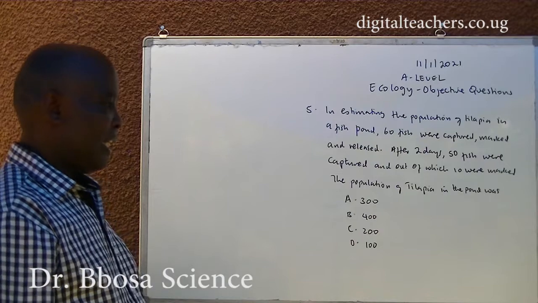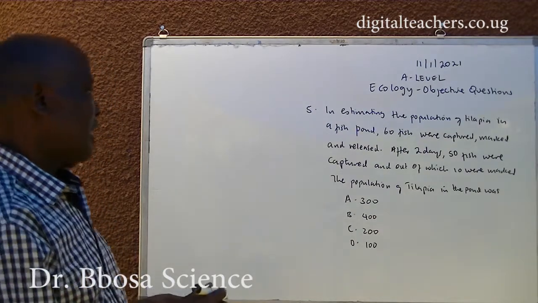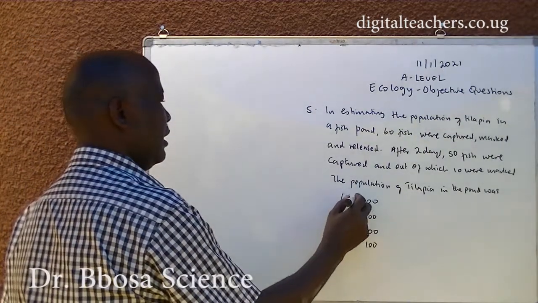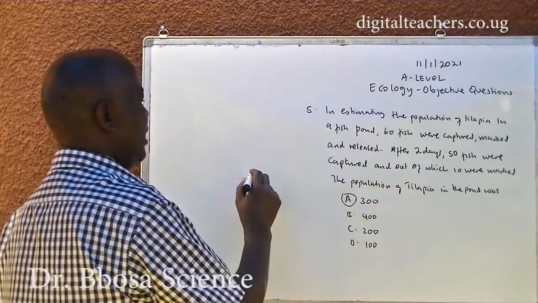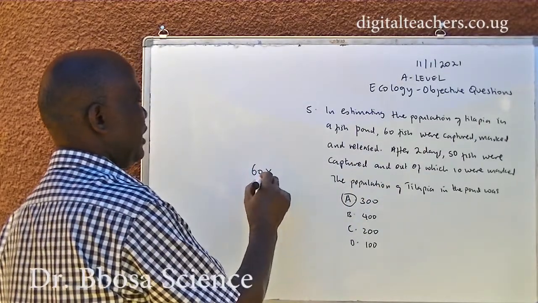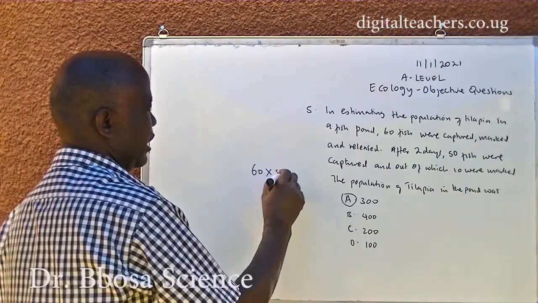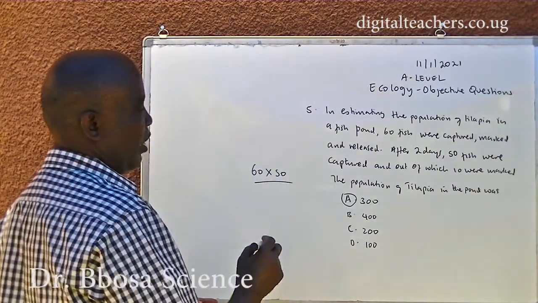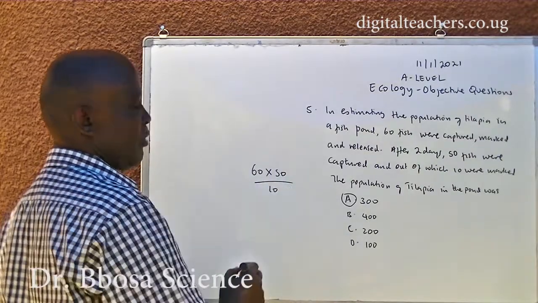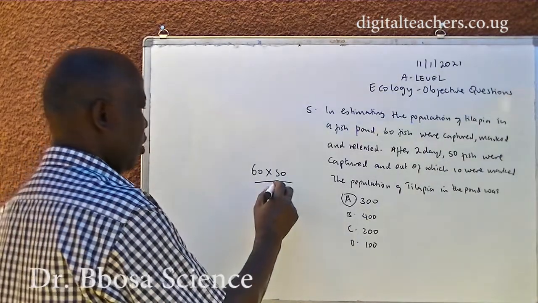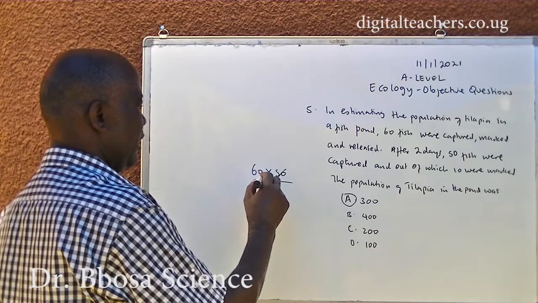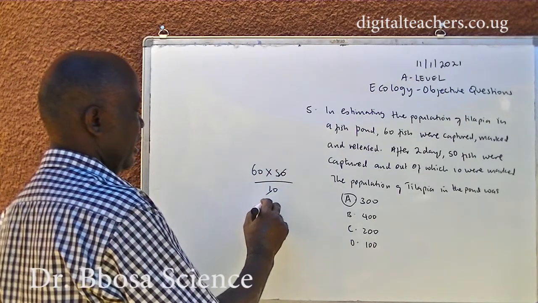You can pause and answer. The answer is A. We multiply the fish which were caught in the first sample times the fish caught in the second sample over the number of marked fish. When you cancel this and this, you get 300.